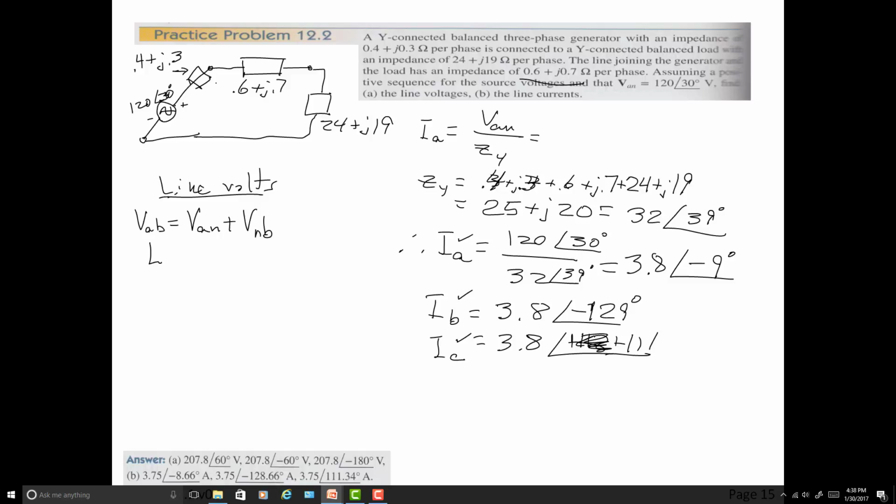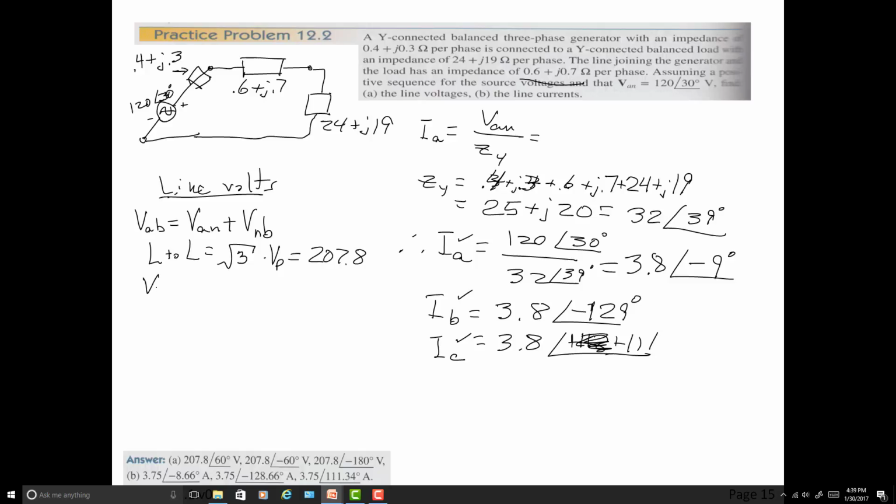It's not line to neutral, it's line to line. And that, we know because we just got done doing it, is the square root of 3 times VP. That's 120 times the square root of 3. So I do have a calculator now. That's 207.8.